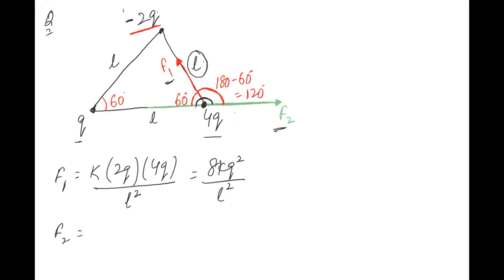I want to find out the force. I want to apply Coulomb's law for these two charges, q and 4q. So what should I write? Tell me, hurry up. How will you apply Coulomb's law, Stanzin Lamo?